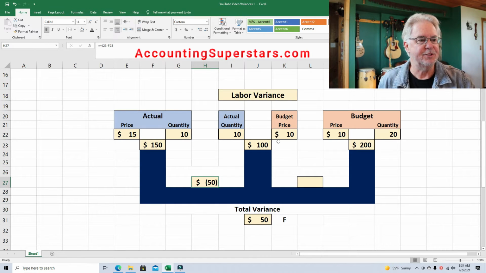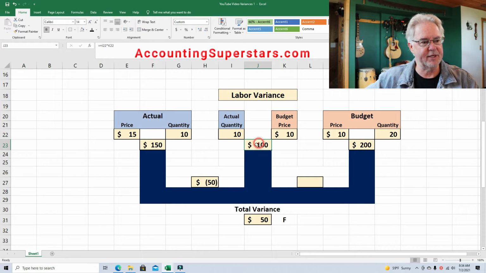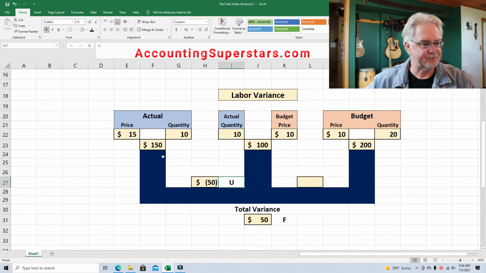So according to this middle number, we have budgeted 100. And we've got 150 over here. So the difference here is a negative 50 because we're over budget. So we're going, wow, what's going on here? This is going to be unfavorable because the budget is greater than the actual.